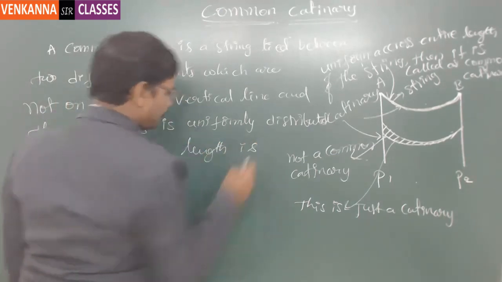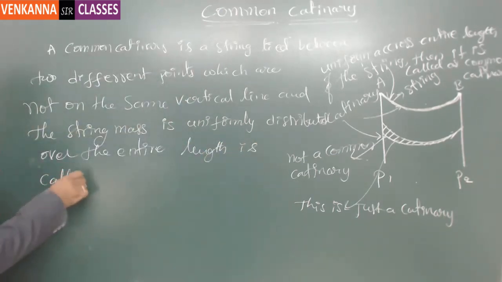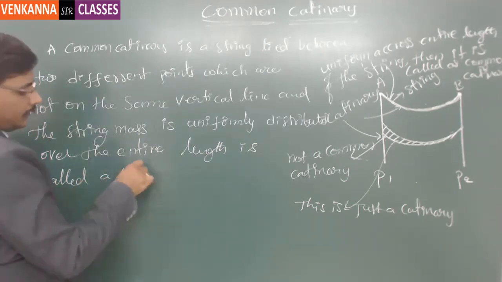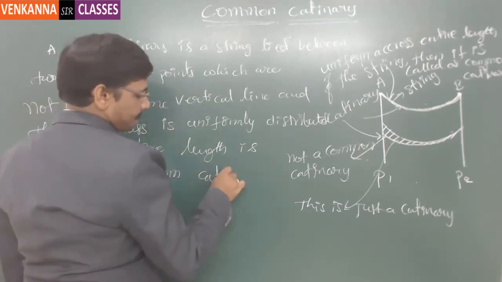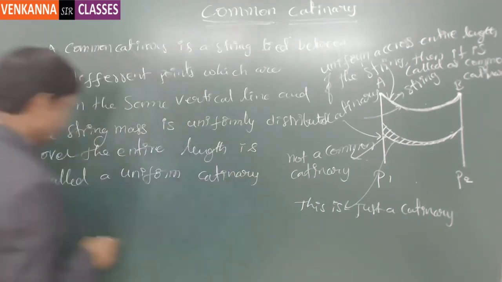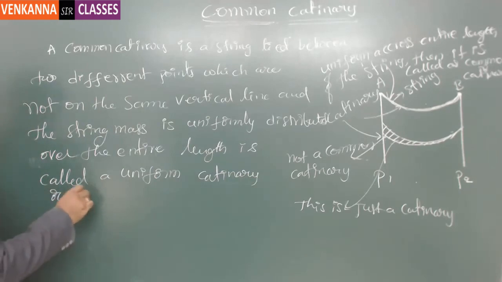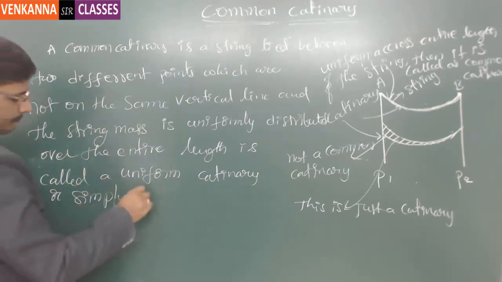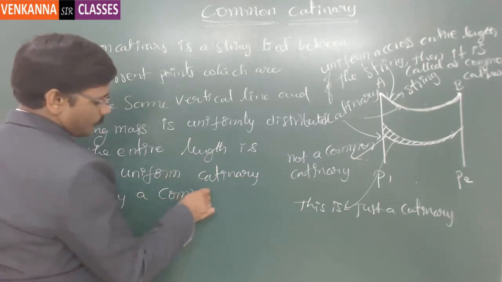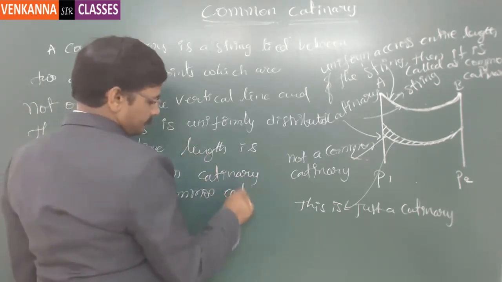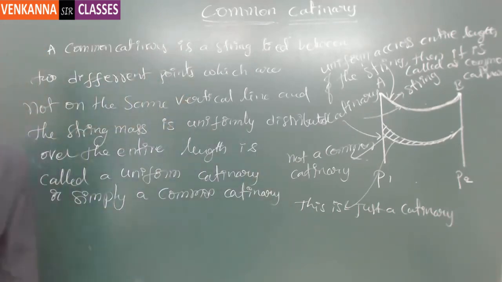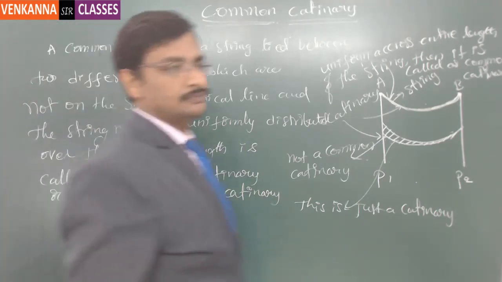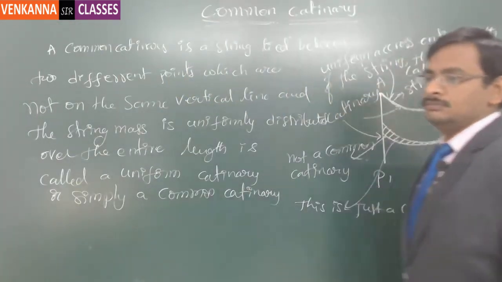This is called a uniform catenary, or simply a common catenary. Got it? So this is the definition of a common catenary. You can note this down.